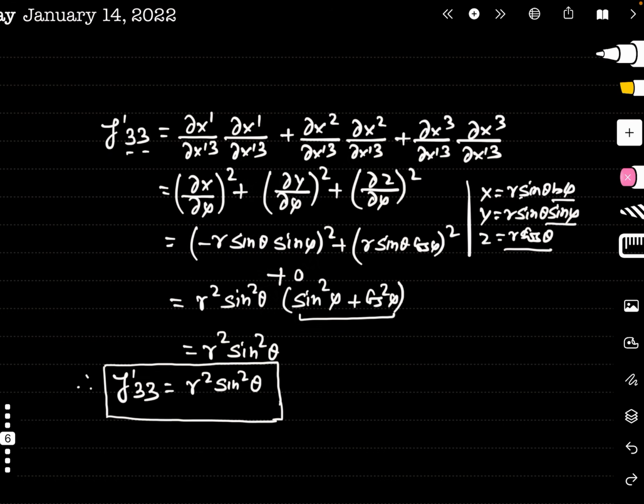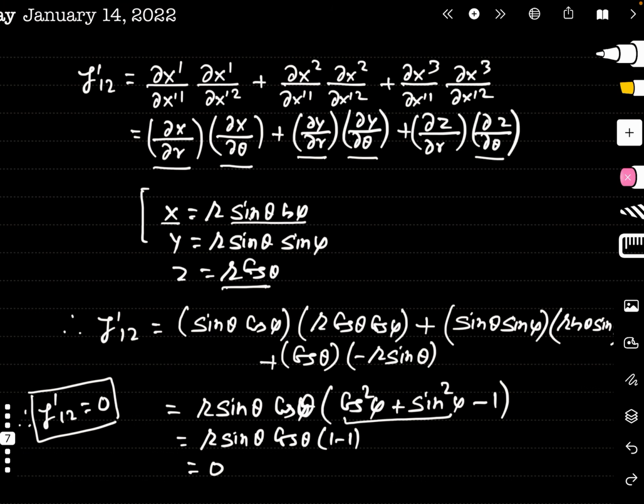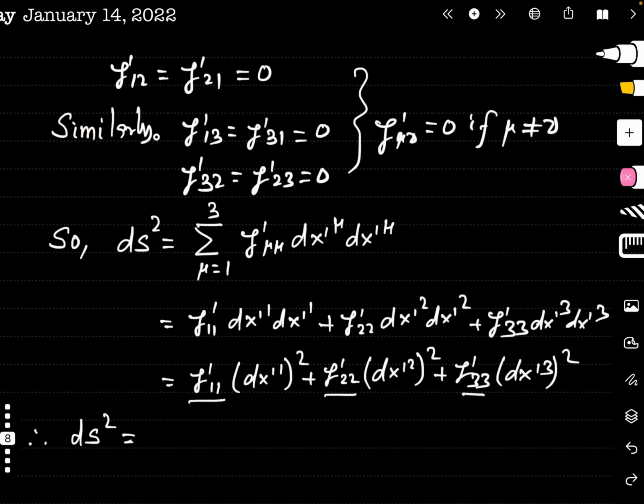So you can put in the values of these components of the metric tensor, and you know x prime 1 is r, x prime 2 is theta, and x prime 3 is phi.